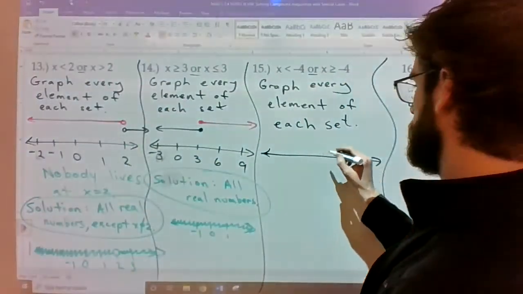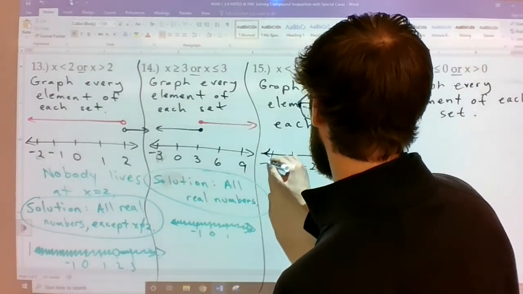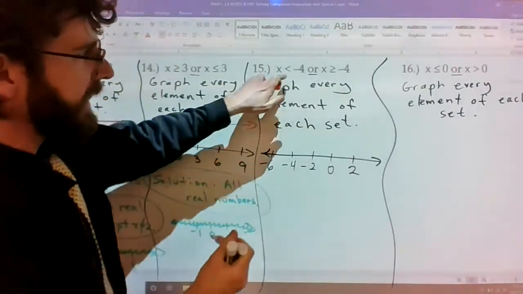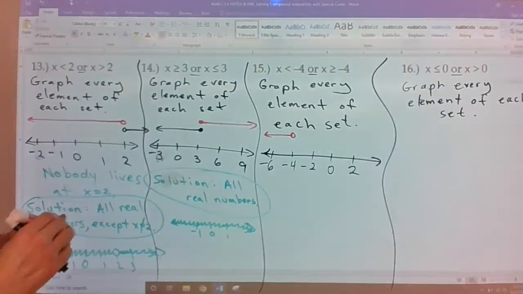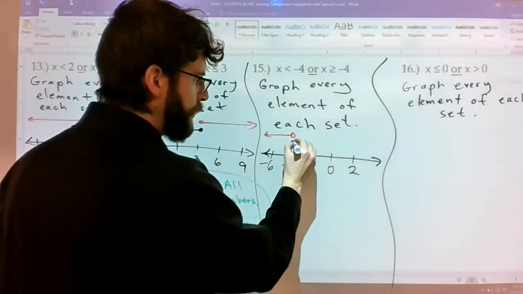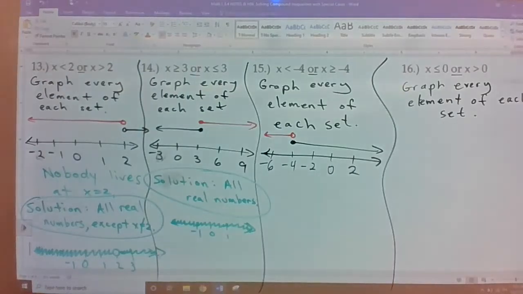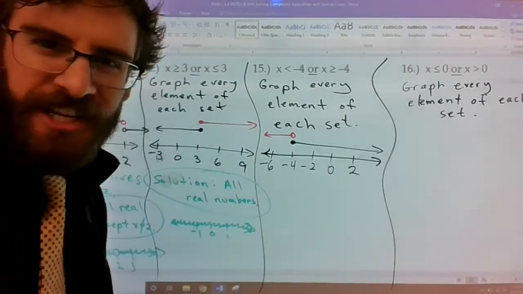Next one. x is less than negative 4 in red, x is greater than or equal to negative 4 in black. So your question is, it seems like we're seeing a pattern, right?